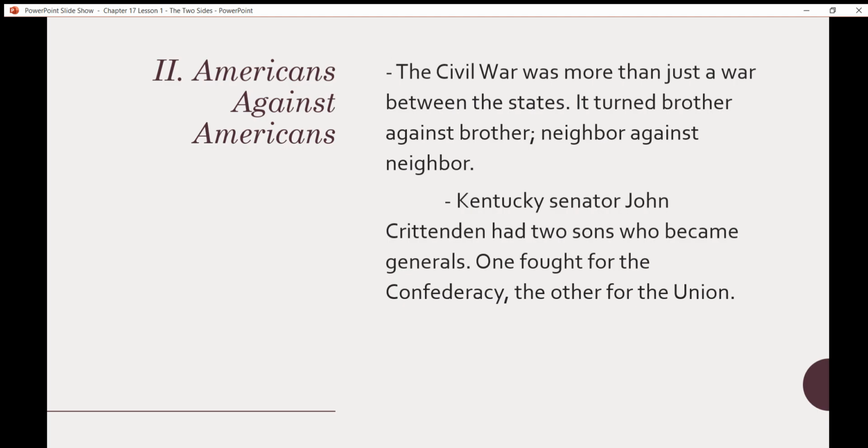Here are 2 instances of a division of family. First is the case of Kentucky Senator John Crittenden that we talked about last lesson, I believe, in chapter 16. Crittenden had 2 sons who became generals in the time of the Civil War. However, one of those sons fought for the Confederacy and the other one for the Union. So literally, you have a brother against a brother in this case.